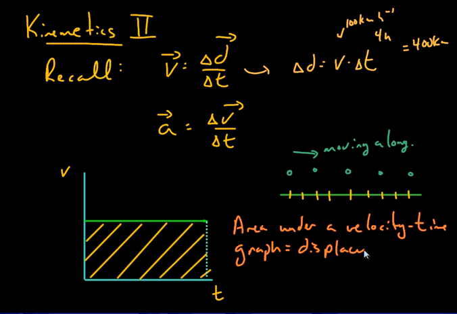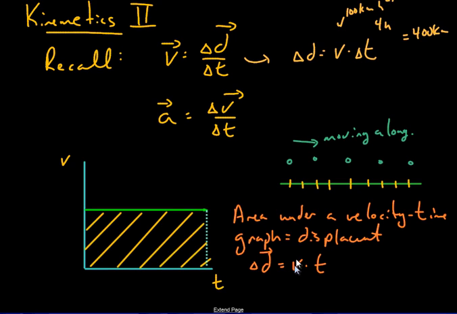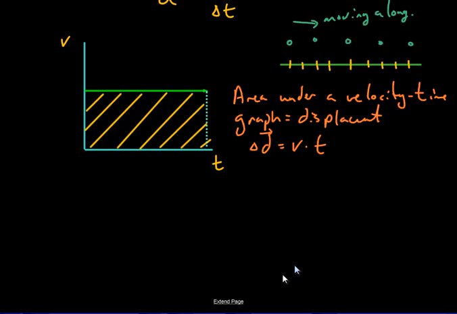And how you find that is, you find the area under this graph. In this case, the displacement that you went, delta D, the change in displacement, is equal to the velocity you traveled at times the time, aka the area under this graph. Does that make sense to you guys? Okay, this is about as far as you got with last year.